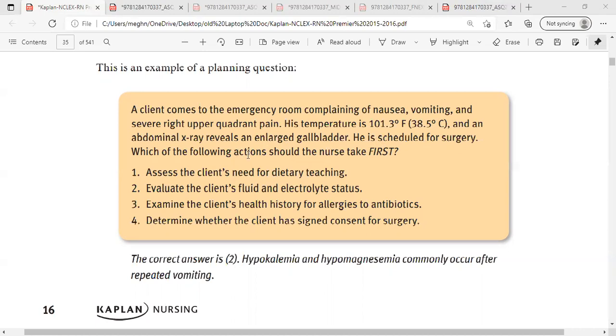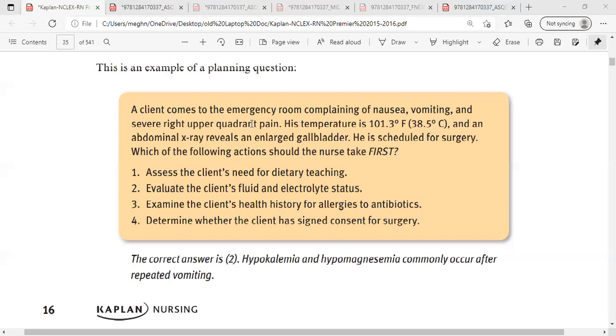Which of the following actions should the nurse take first? So this is the clinical scenario. A raised body temperature means the patient has a fever because of infection. The patient has nausea, vomiting, and severe upper quadrant pain.